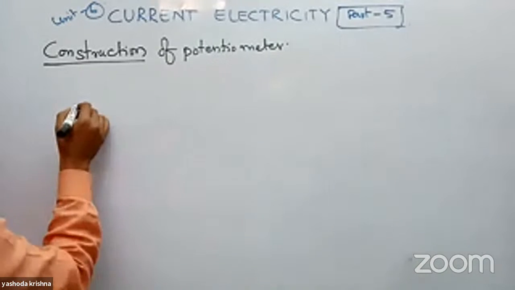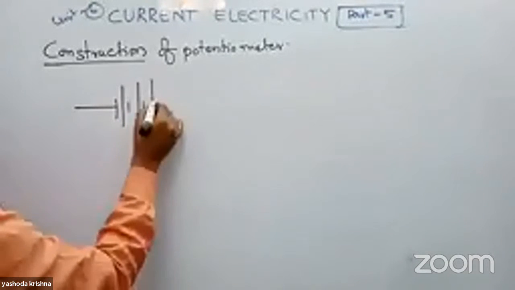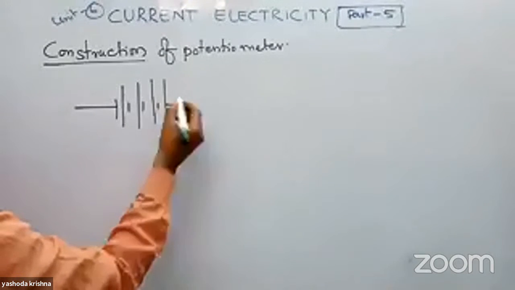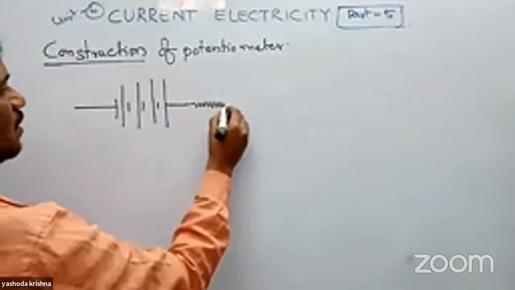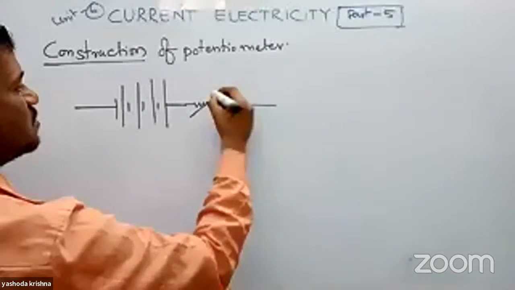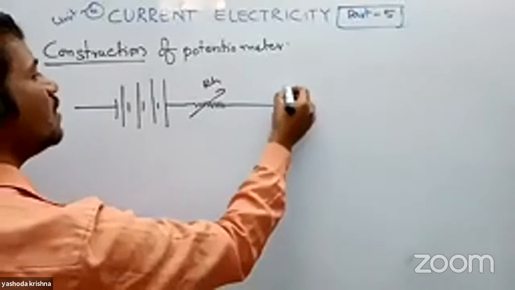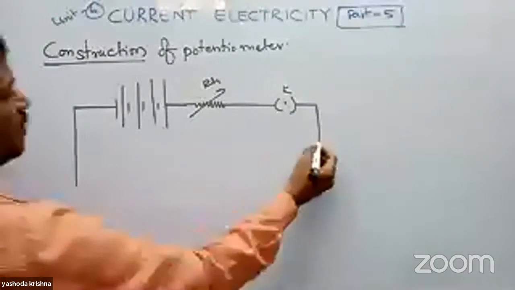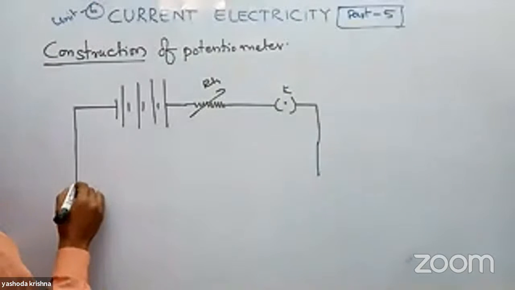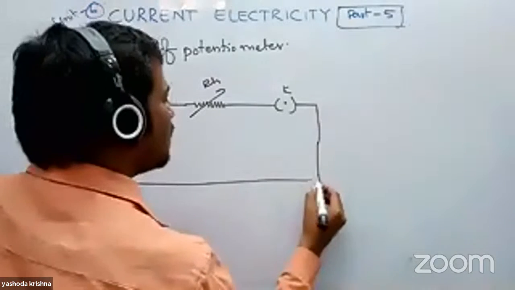Here, one battery is connected to a rheostat RH, and connected to one key K, and this is connected to one uniform potentiometer wire.